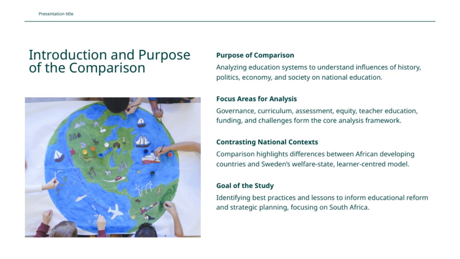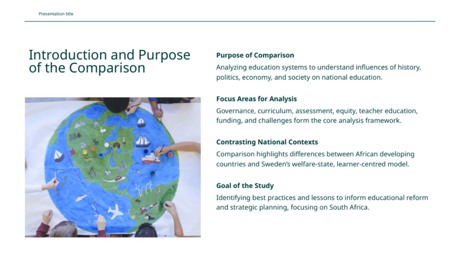We'll focus on several key areas for our analysis. These include governance, which looks at how education systems are managed, curriculum and assessment, which deal with what students learn and how their progress is measured, equity, ensuring fair access for all students, teacher education, to understand how teachers are prepared and supported, funding, which is vital for resources, and the challenges that each system faces.